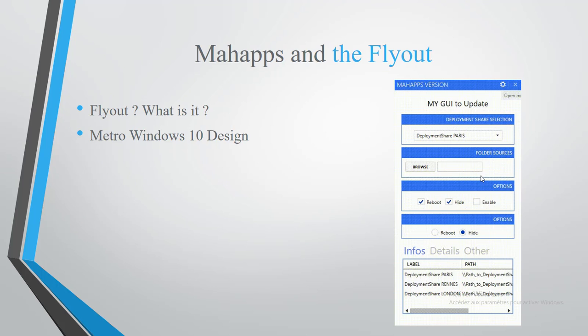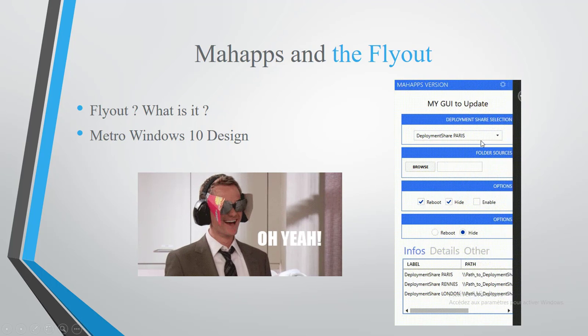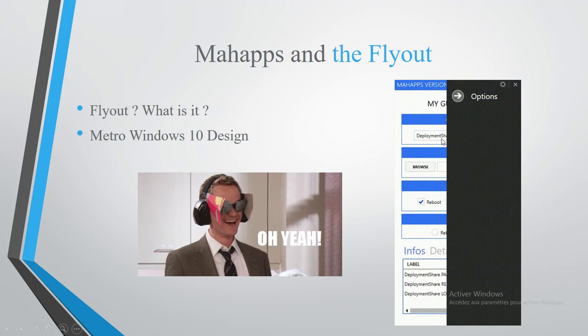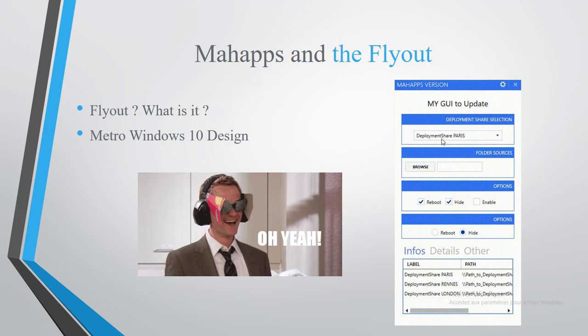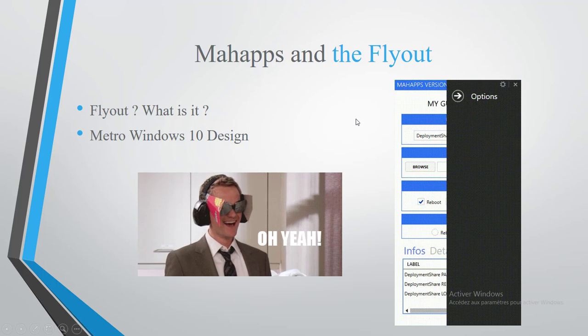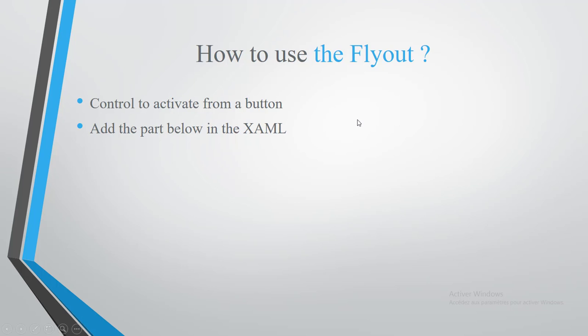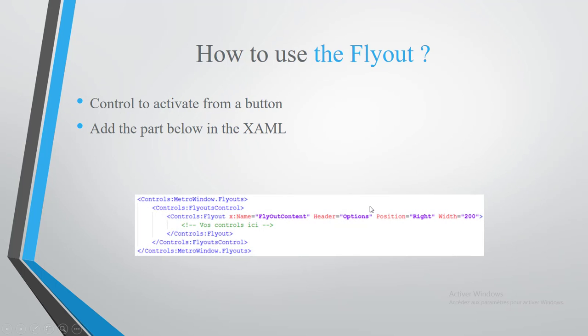Now I will show you one of my favorite controls, which is the flyout. What's this? Flyout is this kind of control that you can find in your Windows desktop computer. How to use it? Flyout is a control to activate from a button. You have this XAML part to add a flyout to your GUI.